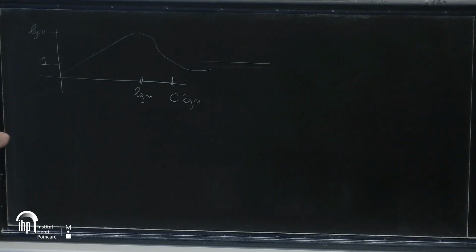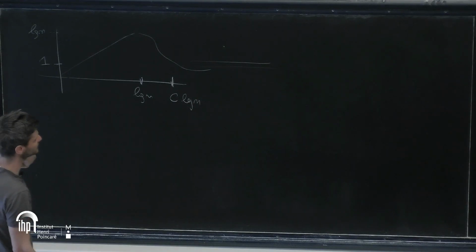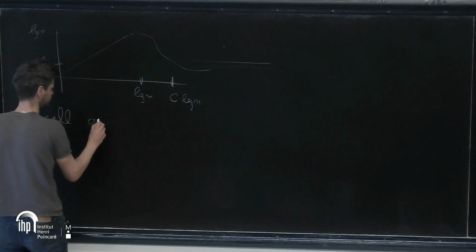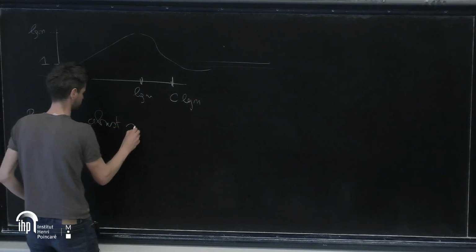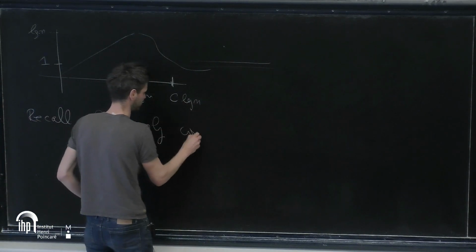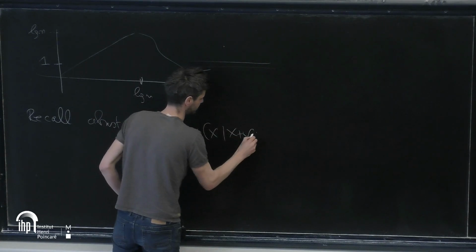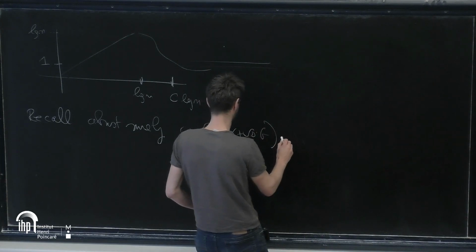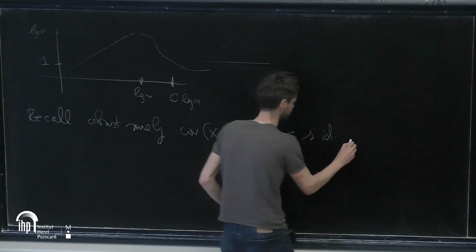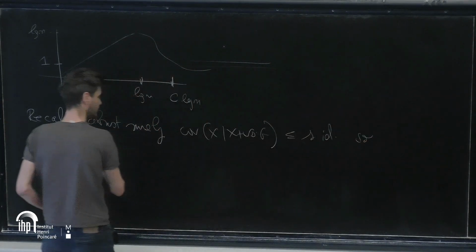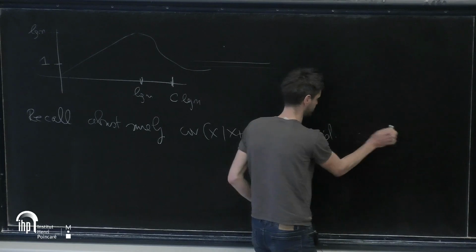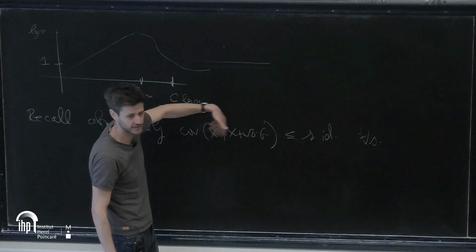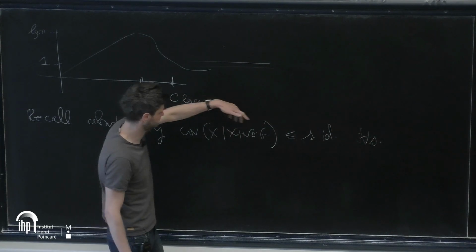Okay, and so what does this example show? So recall that almost surely the covariance of x conditioned on x plus square root s g is less or equal than s times identity. This is true for every s. Remember this is just because the conditional law is strictly log concave with some parameter, which gives you this.